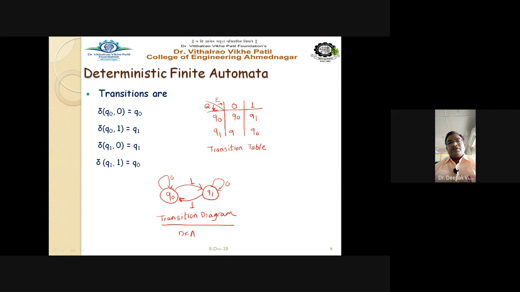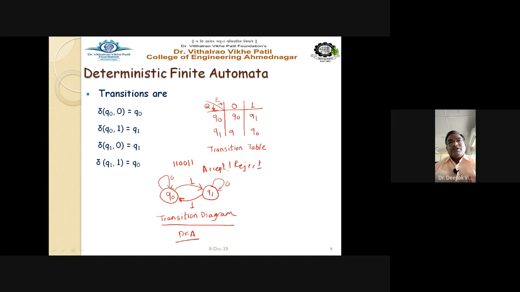So this DFA will find out, for any input string, say 110011, whether it has an even number of ones. It will not give you any count of how many ones there are, and it will not give any output, but it will only accept or reject, right?